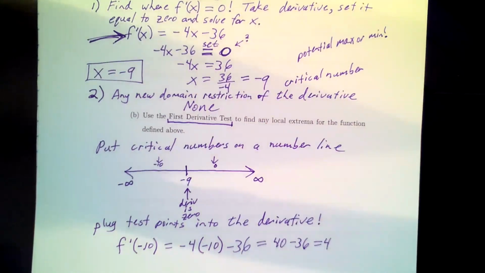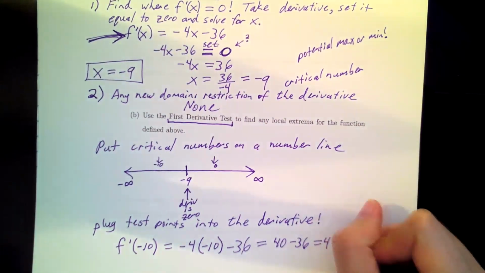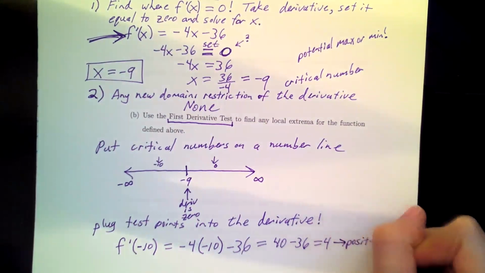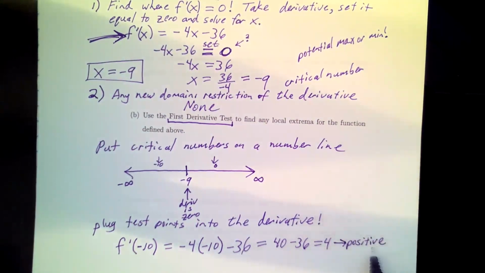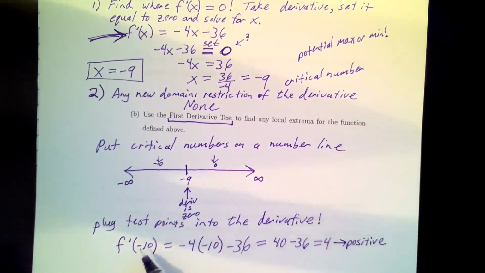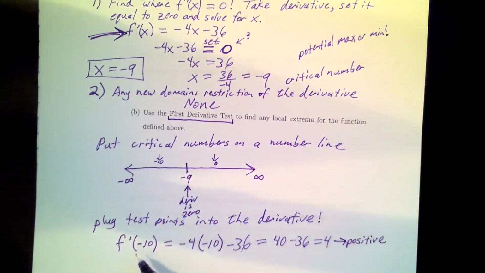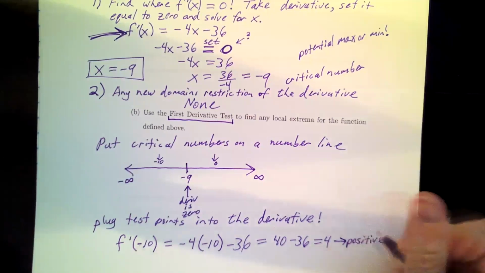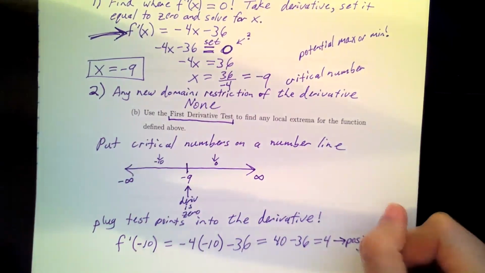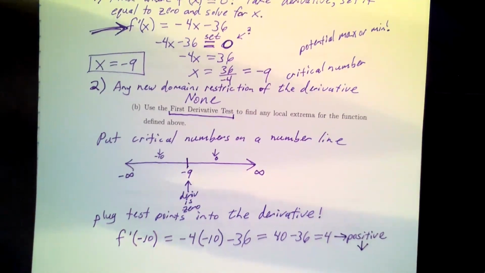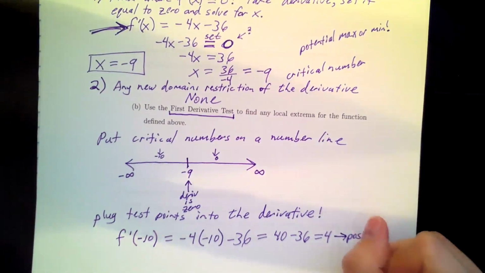I don't so much care what the number itself is, but I do care that this is a positive result. If I get a positive result out from the derivative, that says something about the original function. We know that if the derivative is positive, that does correspond to my original function increasing.